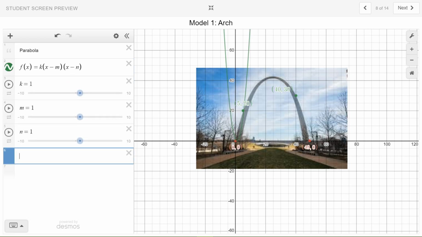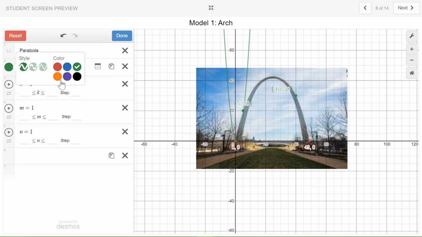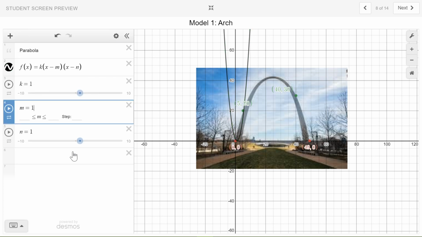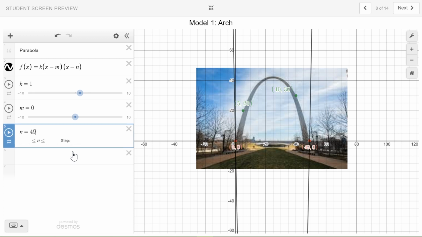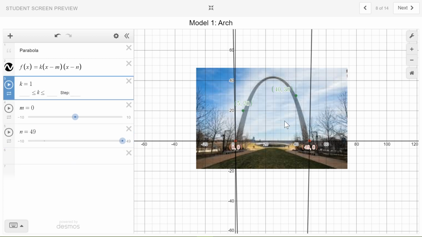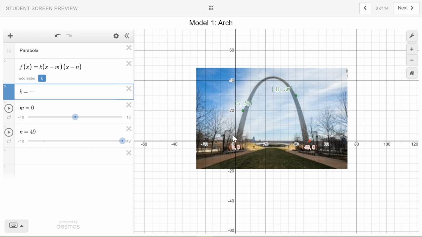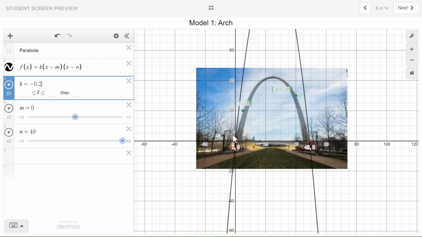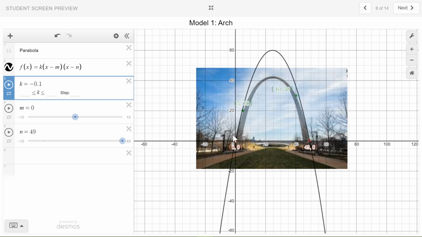Okay, and for me, it's really important that I know that my x-intercepts are at 0, and in this case at 49, and I need to know that k is going to be a negative number, and it's going to be about, keep making it smaller until I get a model that seems to work nicely.